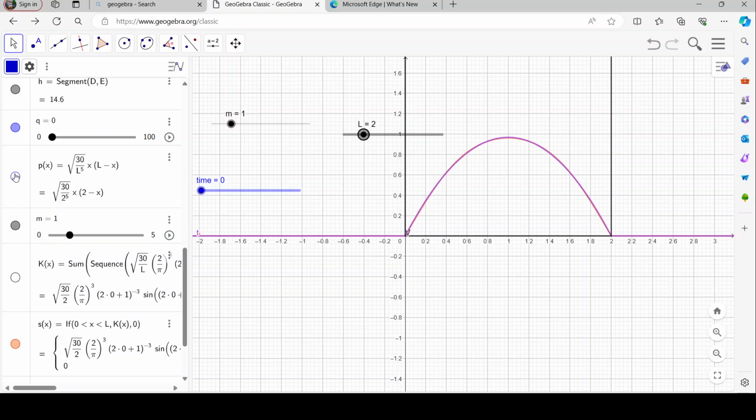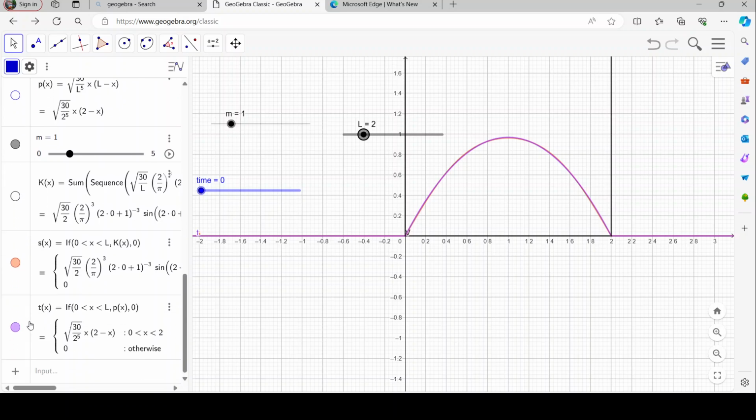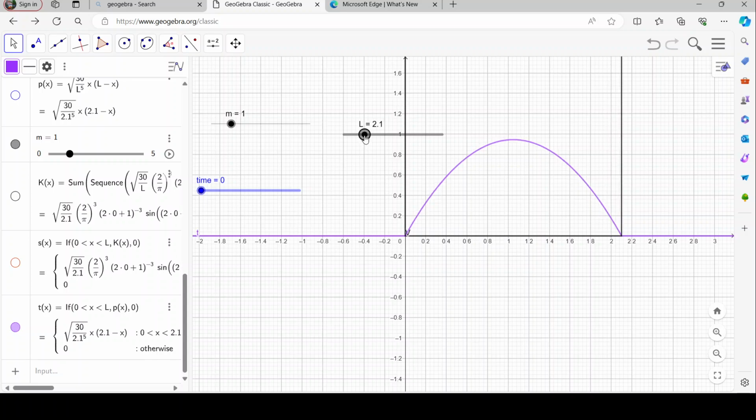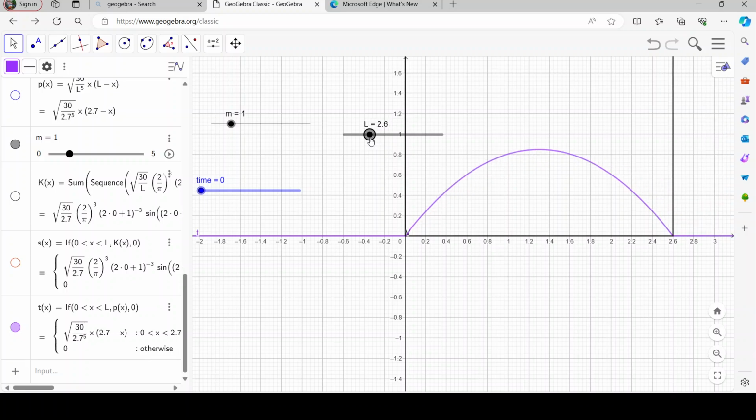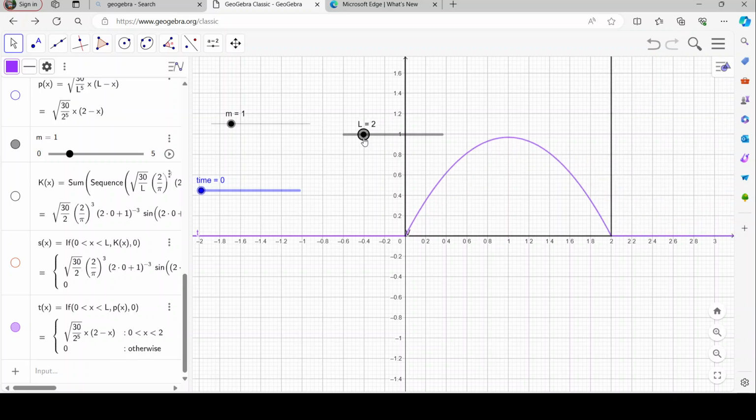So this is my wave function for now. Now this length, again, we can change if you want. So let us put length as 2. Now this is the initial wave function.